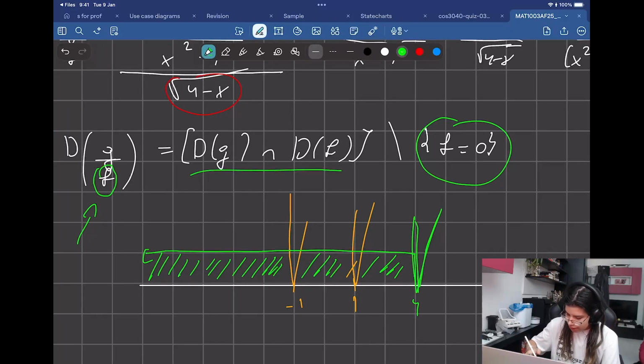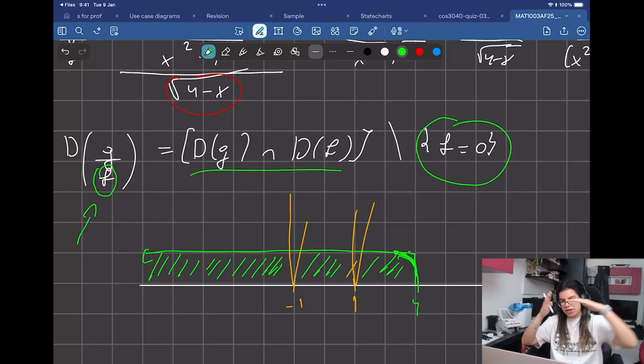Okay? Or in other notation, I could just change the angle here. It's not going to be sharp anymore. It's going to be an arc, meaning we're not including the 4. We're going very close to 4, everything in between, but not including the 4. Okay?